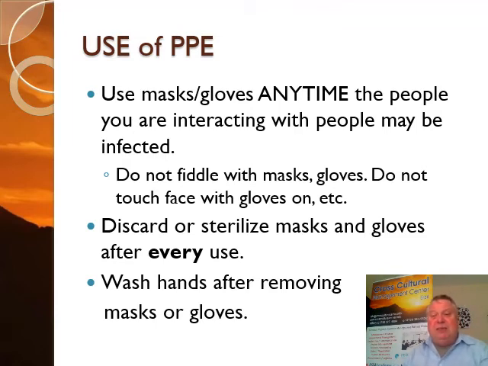The surgical mask was developed to stop doctors from spitting literally into somebody's wound while they were operating. That's why it's called a surgical mask. It was used during surgery, and it was to stop the surgeon from spitting into the open wound, right? And therefore contaminating the patient with whatever bacteria they had in their mouth, right?